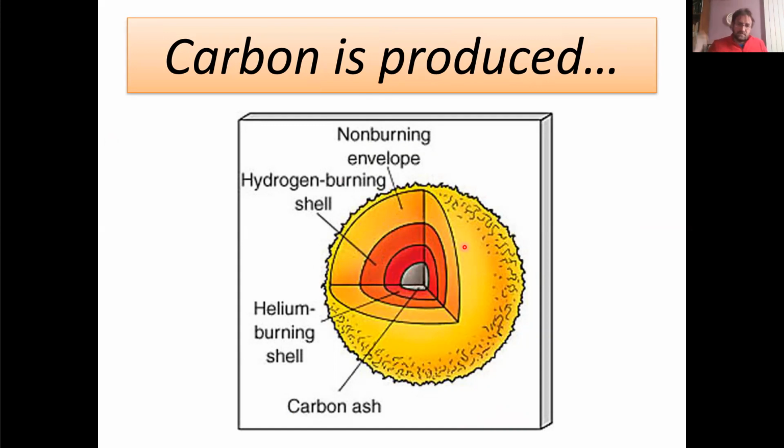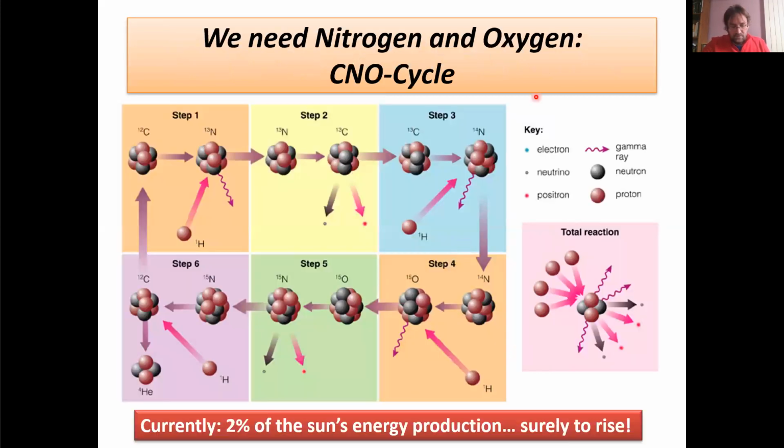Of course, the next thing is, here we have carbon, we also want oxygen, and we want nitrogen. And now it turns out a very efficient mechanism to create nitrogen is the so-called CNO cycle. We have a reaction where carbon captures basically a proton.